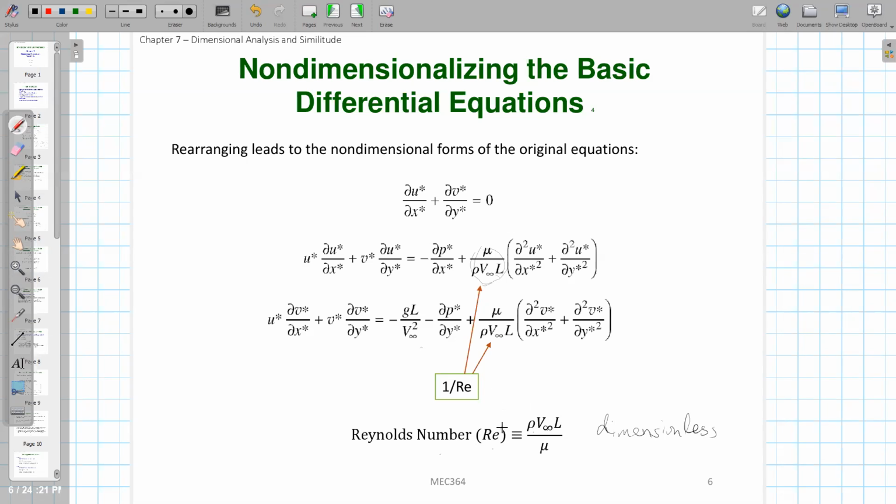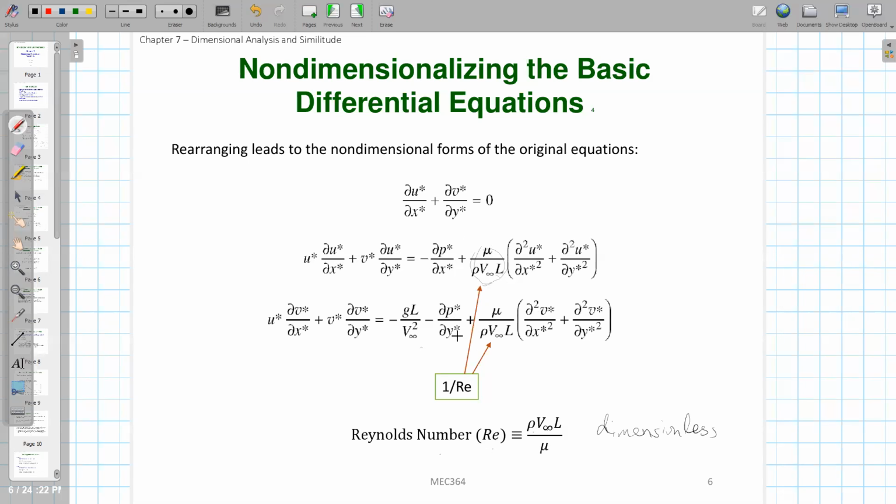So in other words, if you define this dimensionless parameter, the Reynolds number, we denote it as Re. And so you can see that in your x direction momentum equation, this coefficient can be just 1 over the Reynolds number, right?